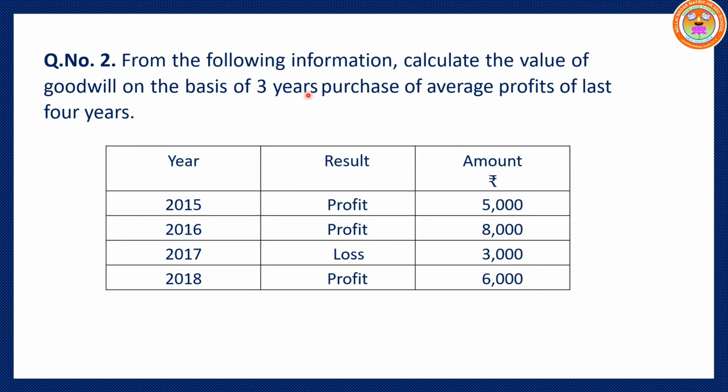So goodwill on the basis of 3 years purchase of average profits of the last 4 years. Look: 2015 profit 5,000, 2016 profit 8,000, 2017 they made a loss of 3,000, 2018 profit 6,000. So in this question, in the particular year 2017, they made a loss. So how to find goodwill?